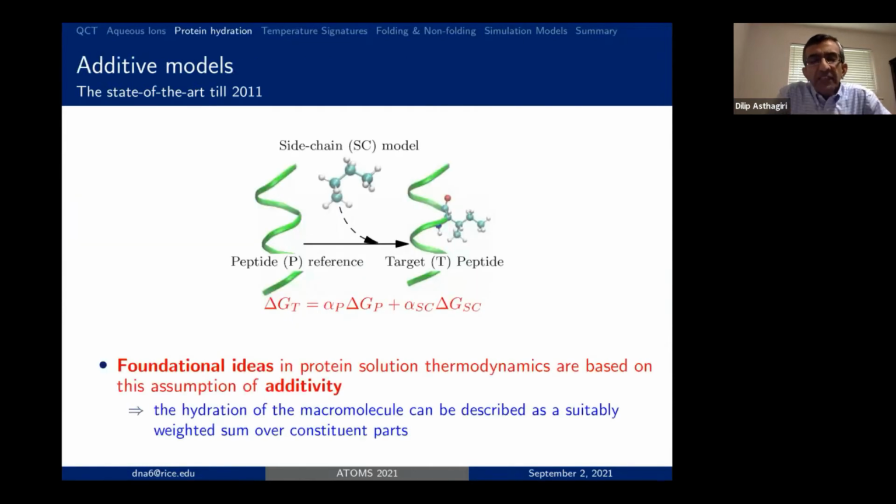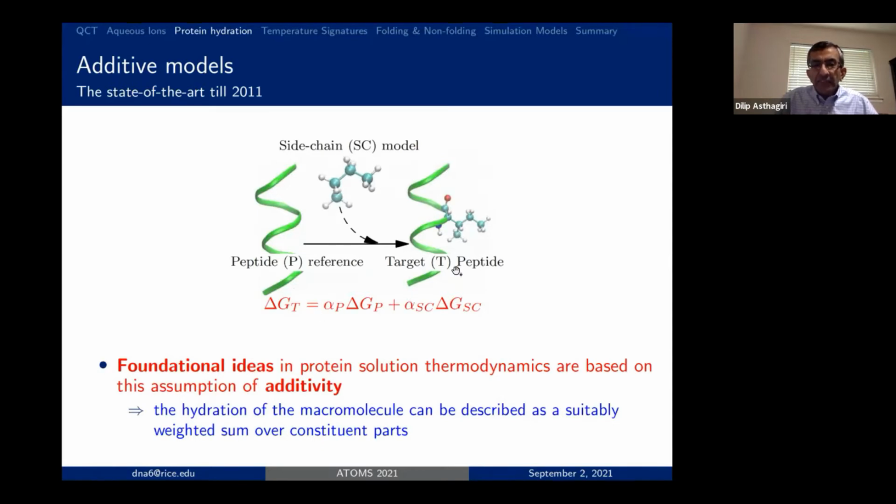What has happened is, since the very beginning of our studies in protein solution thermodynamics, starting from the work done by, say, Eisenberg and Kauzmann, the approximation has been to treat the free energy as an additive sum of terms. Here is a schematic: I have a reference peptide, and I add to it a side chain.